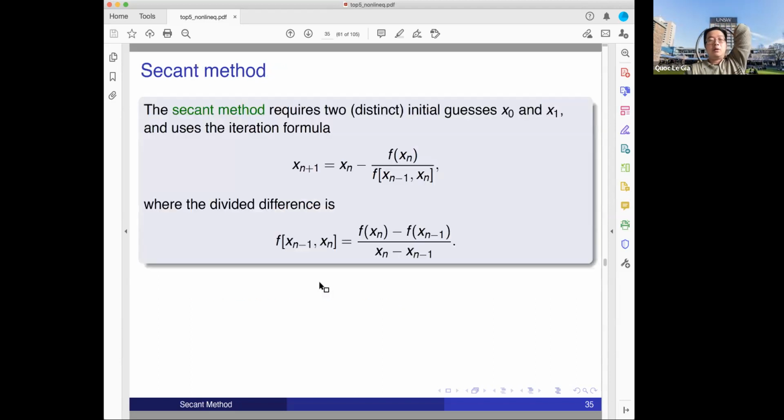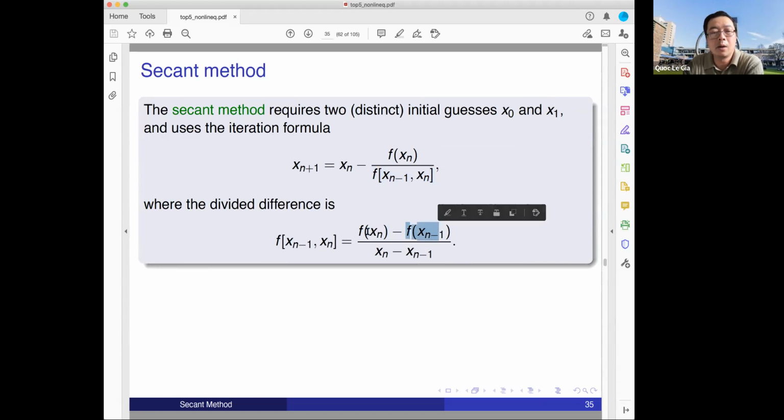So people came up with another method to avoid the derivative, which is the secant method. In the secant method, you replace the derivative by the divided difference coefficient. Remember, the divided difference between the 2 points is just the slope of the line that goes through those 2 points.